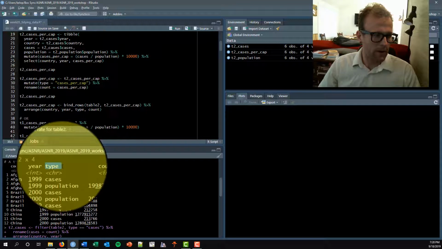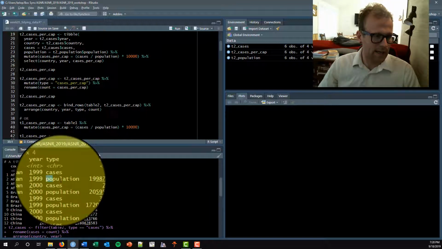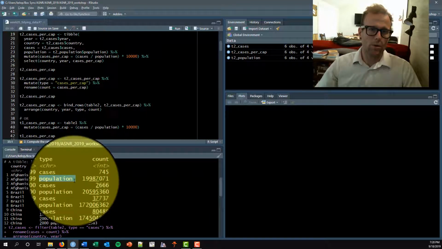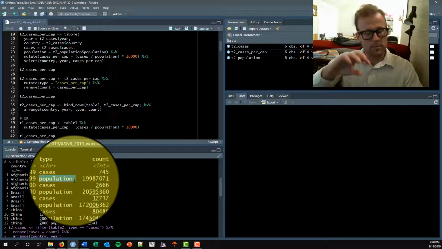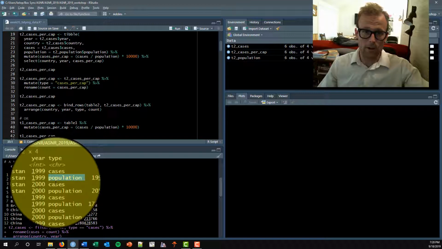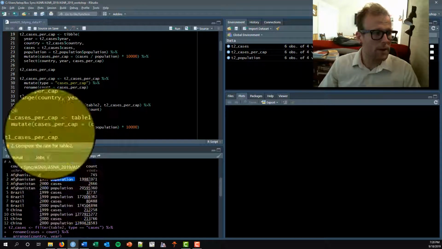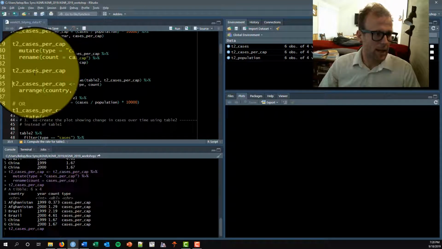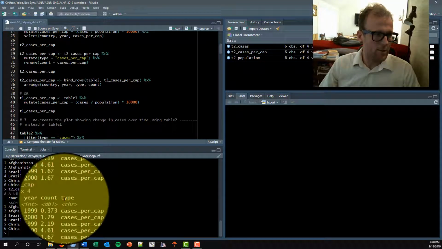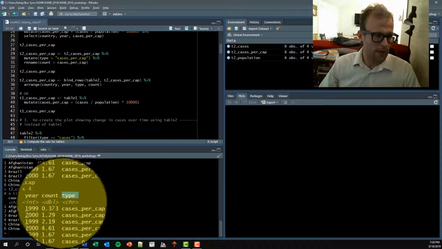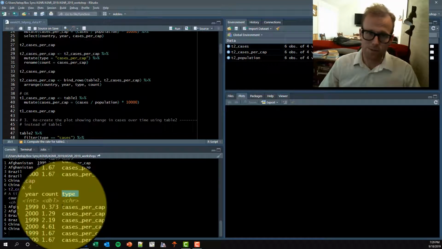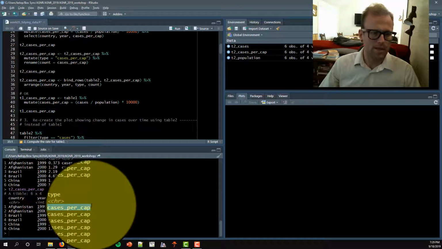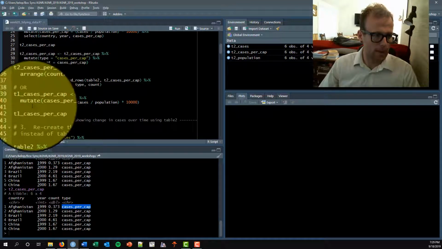we had a type variable that included cases and population. So in order to stitch these things back together and fold the rate into a third type of variable here, what we need to do is create a variable that is similarly named type, but now rather than being cases or population, our third type is going to be cases per capita.